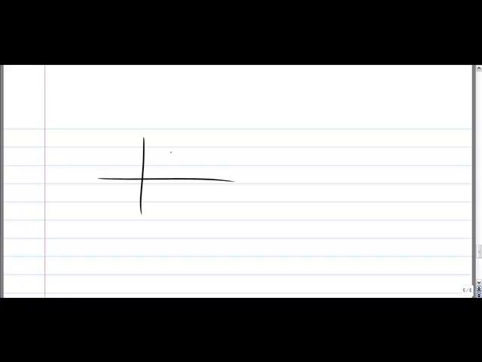Let's say you have this function right here. Okay, there's your function. Let's say this is like 2. We'll call that 0.5 on the y-axis. Here's your x, here's your y. We'll call this 4, 5, way up here.